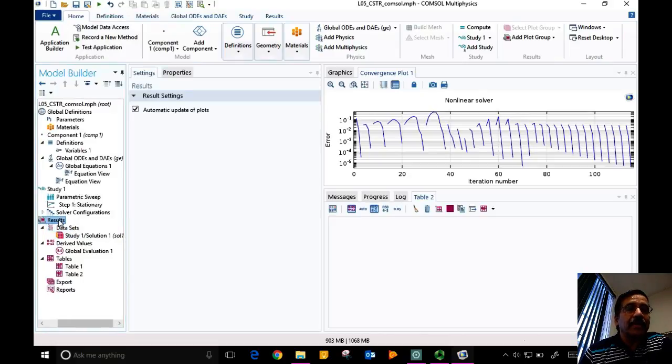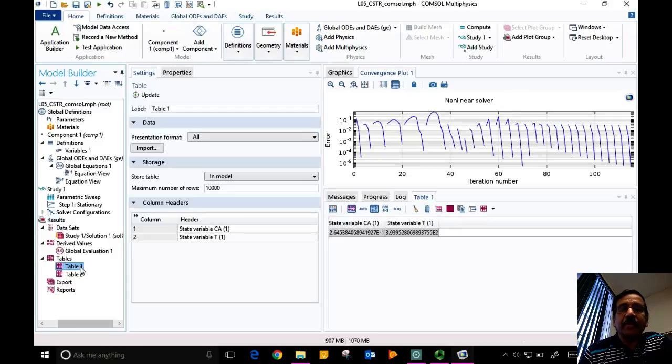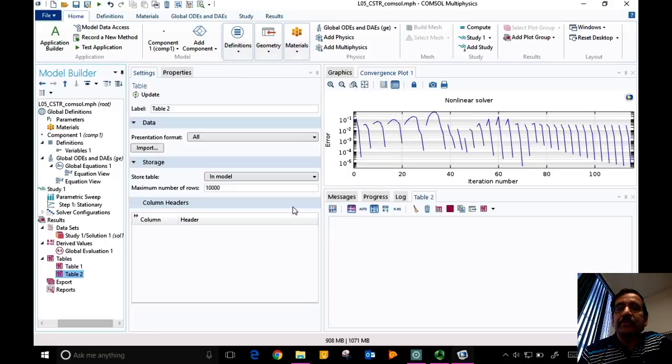So in the tables it's showing table 1 and table 2. Yeah, but they both show the same thing. Table 1 and table 2 don't have anything. Oh, okay. Update. Settings, full precision, scientific notation.